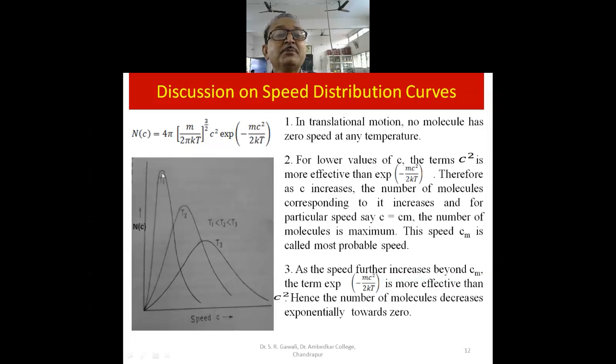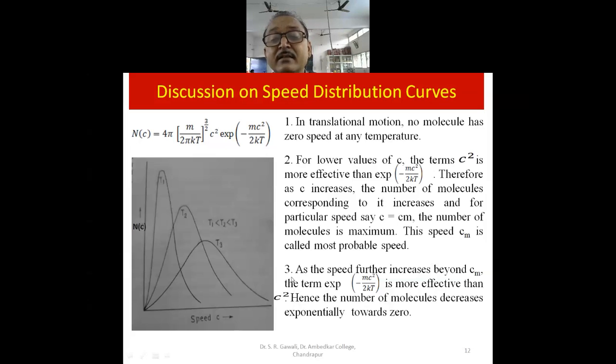So corresponding to this peak, the number of molecules will be the maximum, and this value of C is nothing but Cm, which is called the most probable speed. It is the speed of the molecules of the gas having the maximum number of molecules.